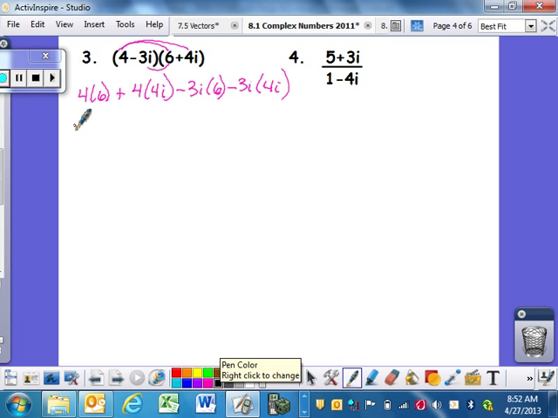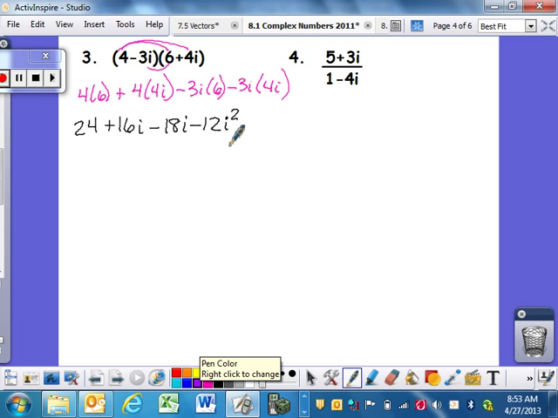So I have what? 24 plus 16i minus 18i minus 12. i times i is i squared. Alright, what can we now combine or deal with? Well, I know that i squared has to be negative 1.